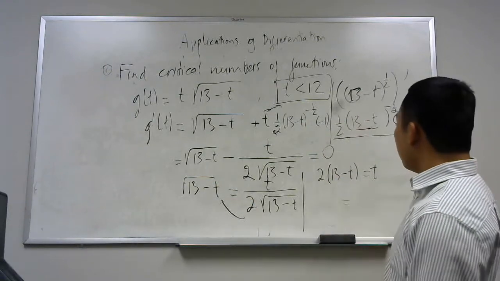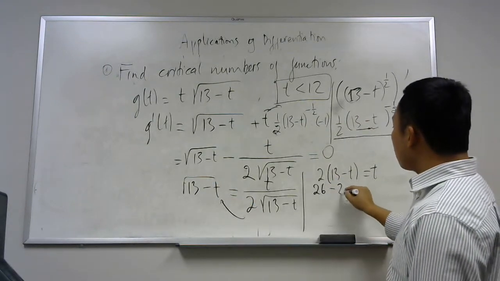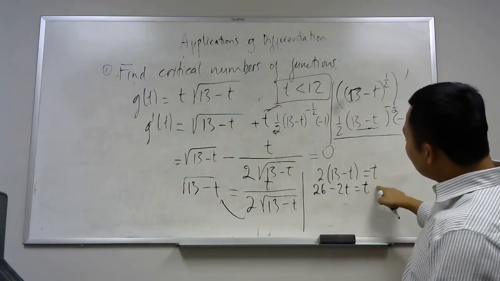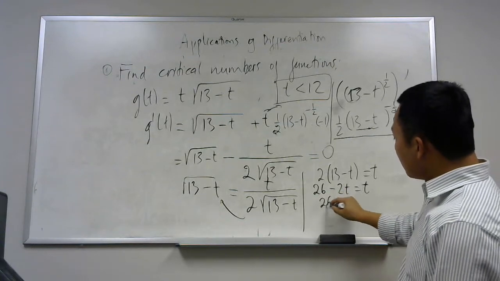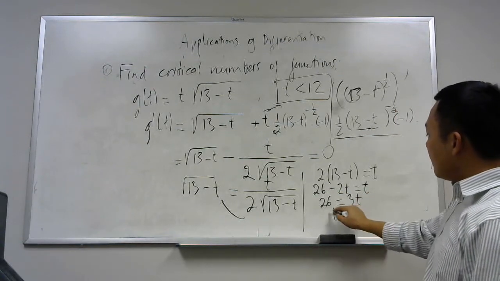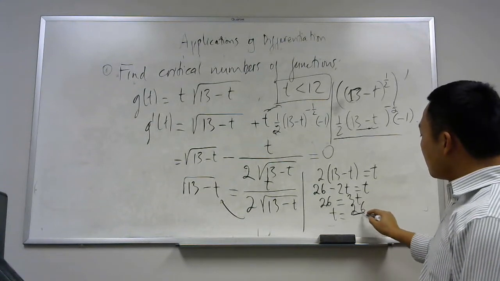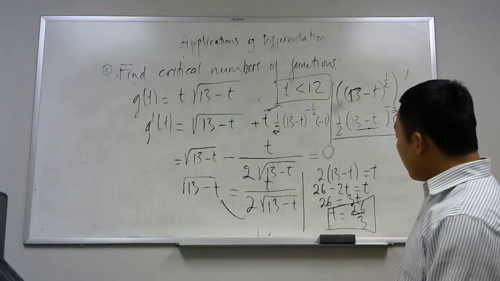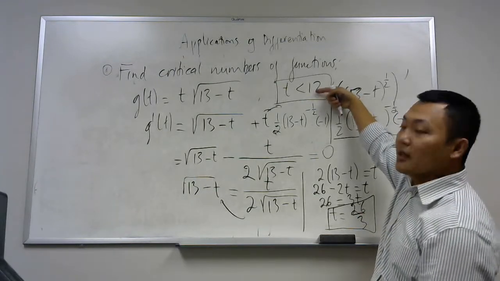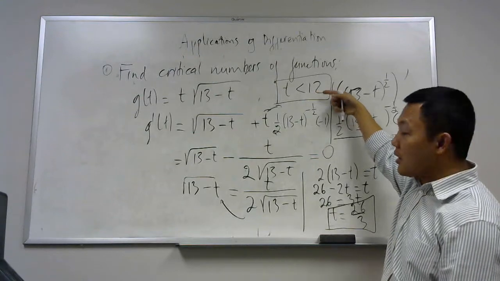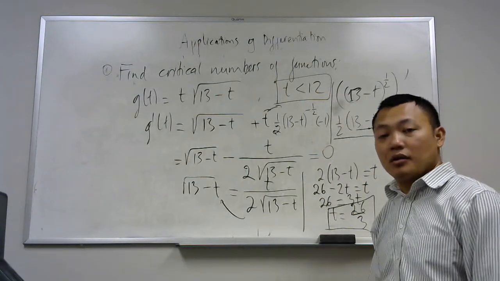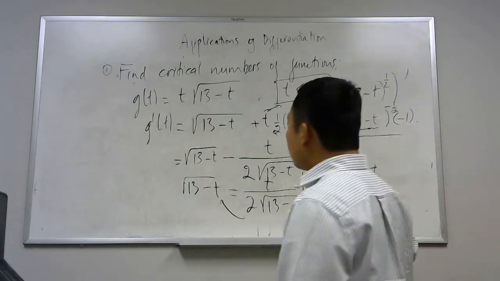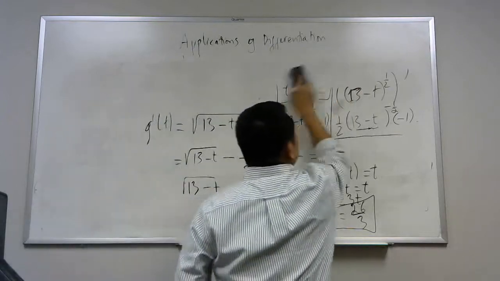So I have 26 minus 2t equal to t. Now I add 2t to both sides, so I have 26 equal to 3t, and t is equal to 26 over 3. And we need to check: yes, 26 over 3 is less than 13, so that's good. Our function has only one critical point, 26 over 3.